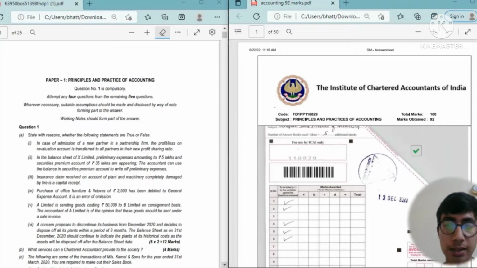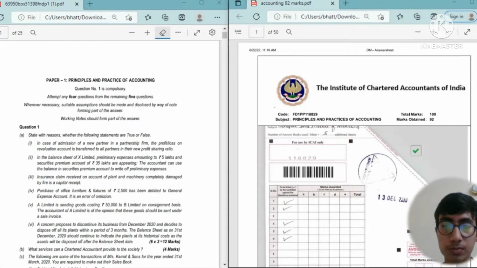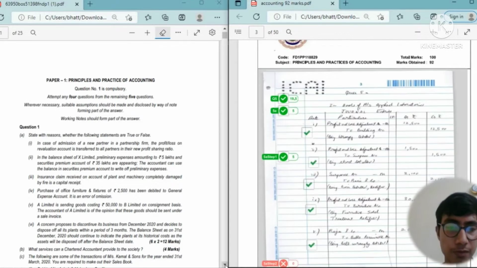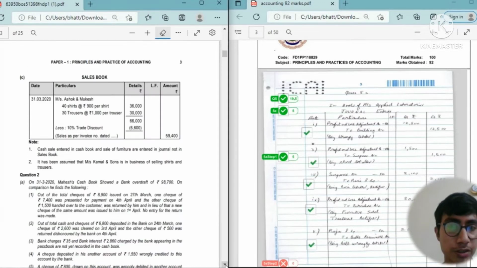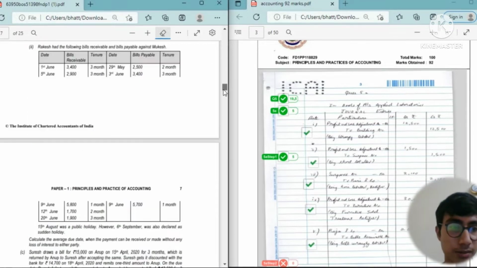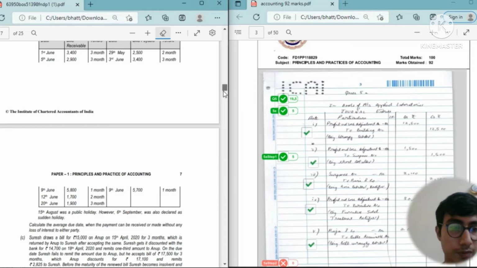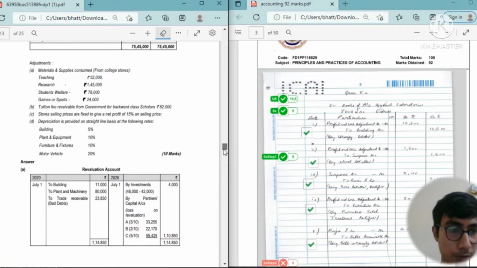So let's see which question I have started with. I've started with the fifth question. In each and every paper I try to start with the question in which I know I can receive the highest marks. So let's see the fifth A question.